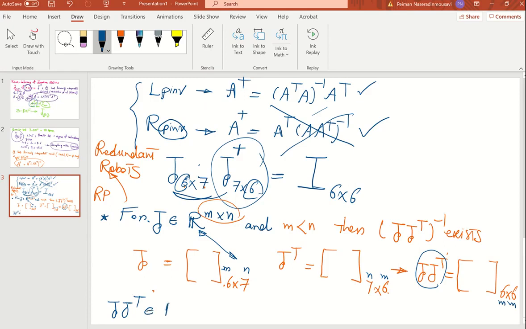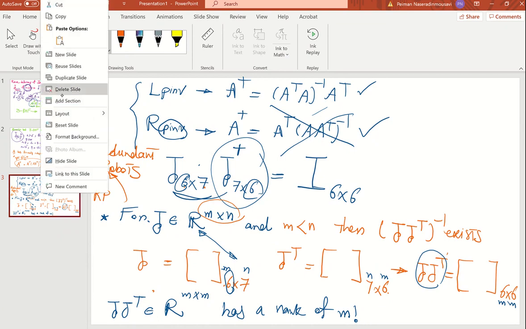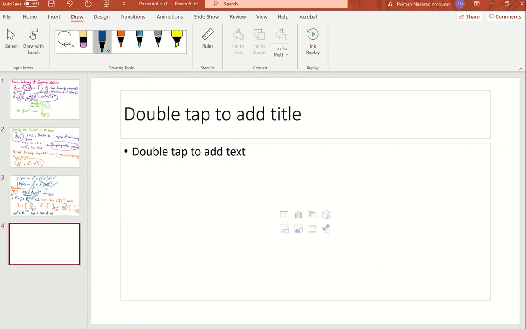It is a member of M by M and has a rank of M, as you saw in MATLAB. Understand? Now let us go and develop this.